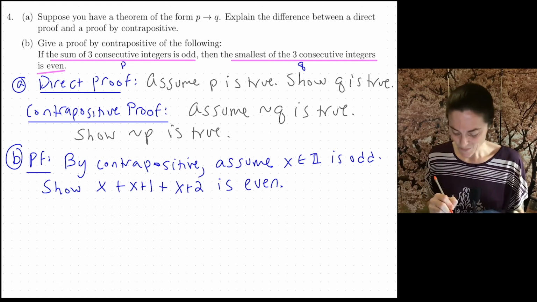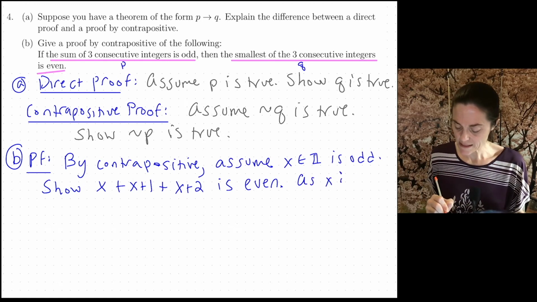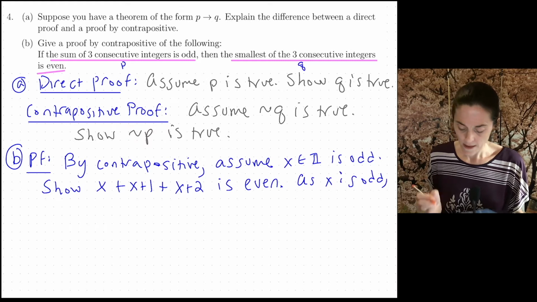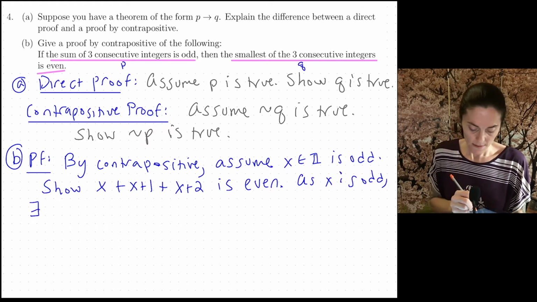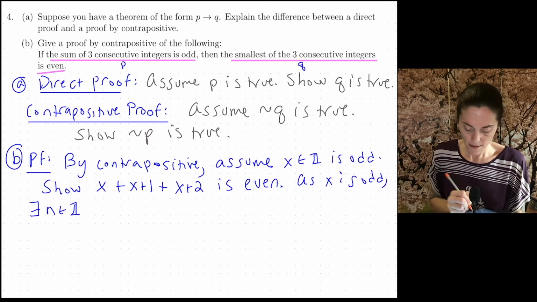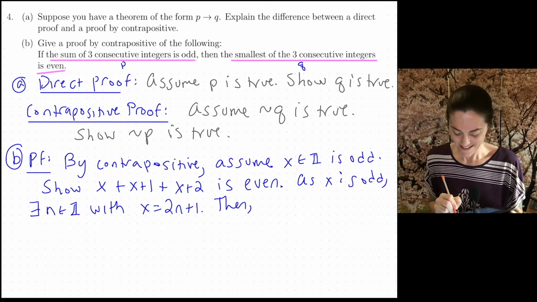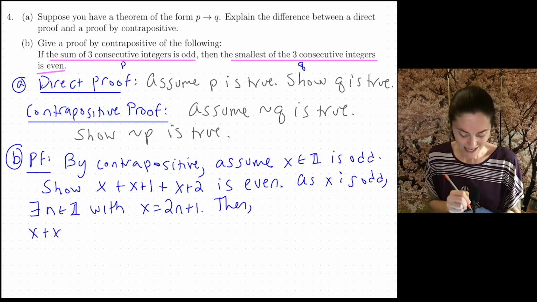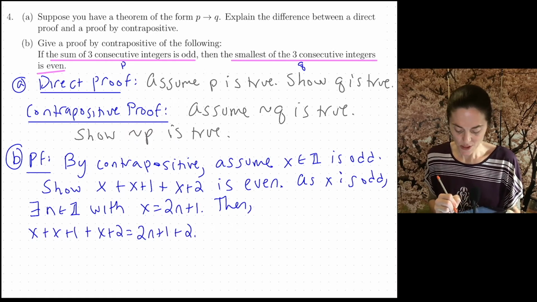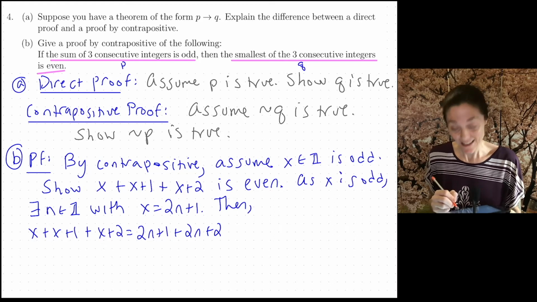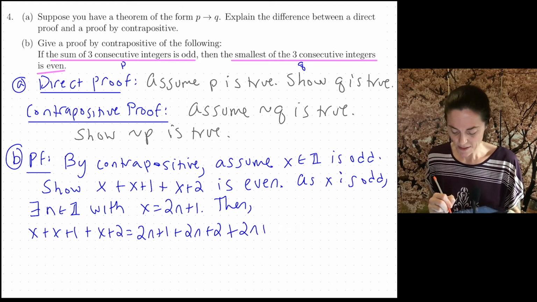Wonderful. Well, as x is odd, there exists, say, n in Z with x equals 2n plus 1. If we take x plus x plus 1 plus x plus 2, this is 2n plus 1 plus 2n plus 2, and then plus 2n plus 3.